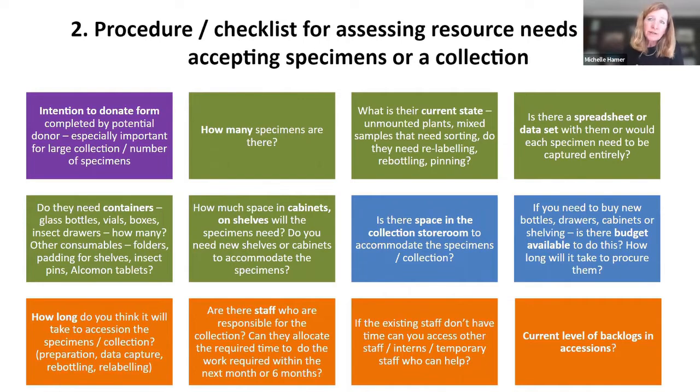If the staff don't have time, maybe there are interns, maybe staff from another department can help. And then think about the current level of backlogs in accessions. If you've got backlogs for 10 years, do you really want to take more material into your institution before you've dealt with the existing backlog? So these are all the things that you need to think about. Can we take this collection?